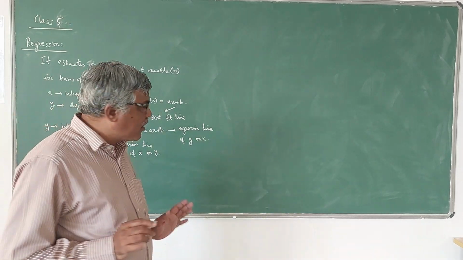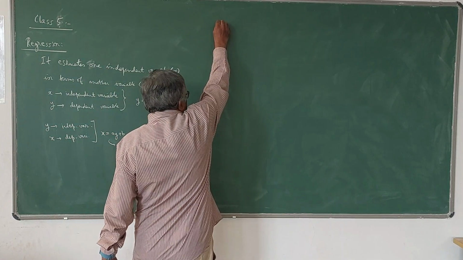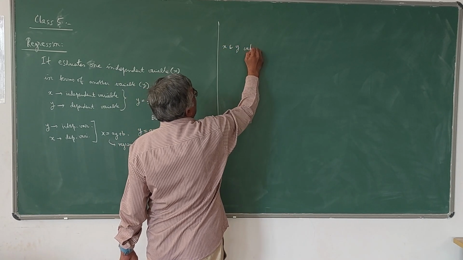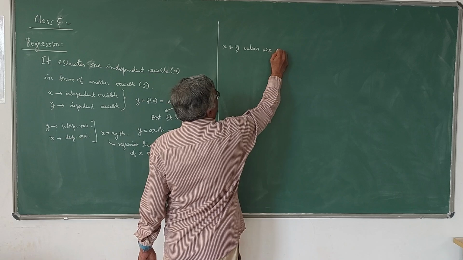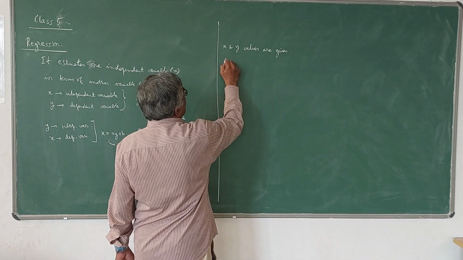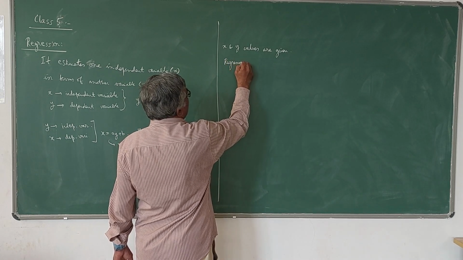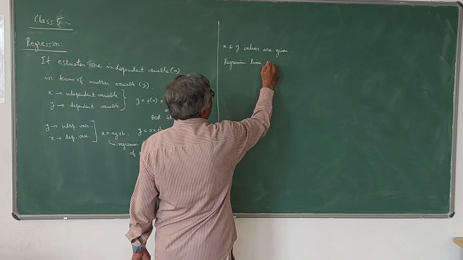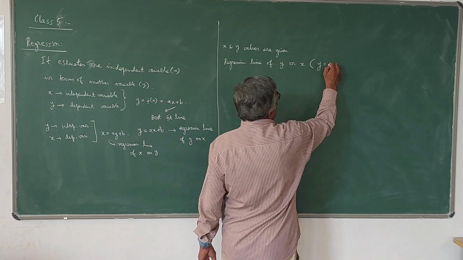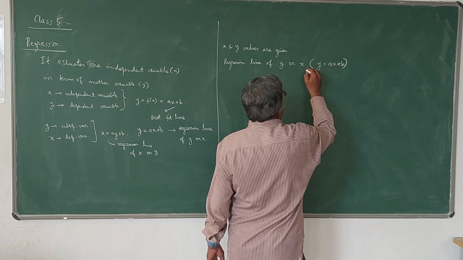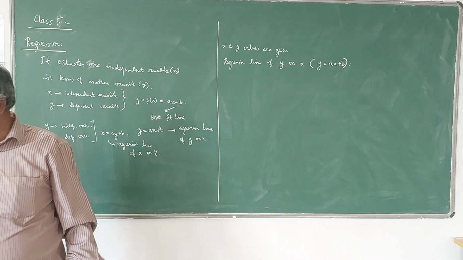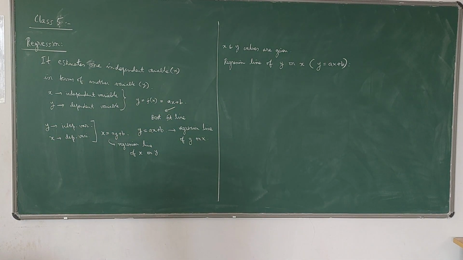So that means in a given problem, some set of values of x and y will be given, and we have to fit a regression line. If you want a regression line of y on x, that means y is equal to ax plus b, we have to use this equation.